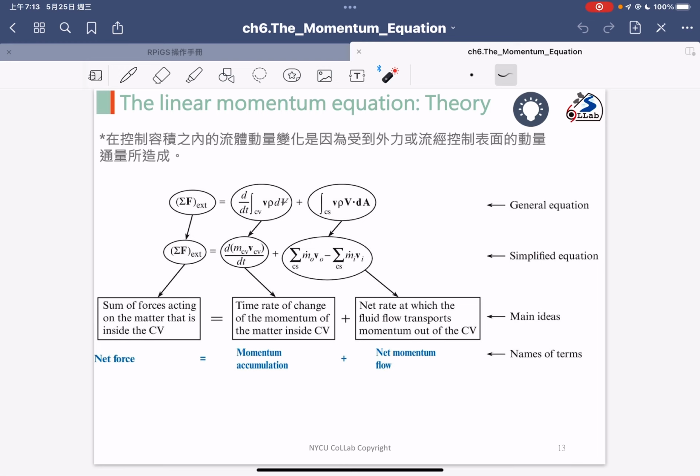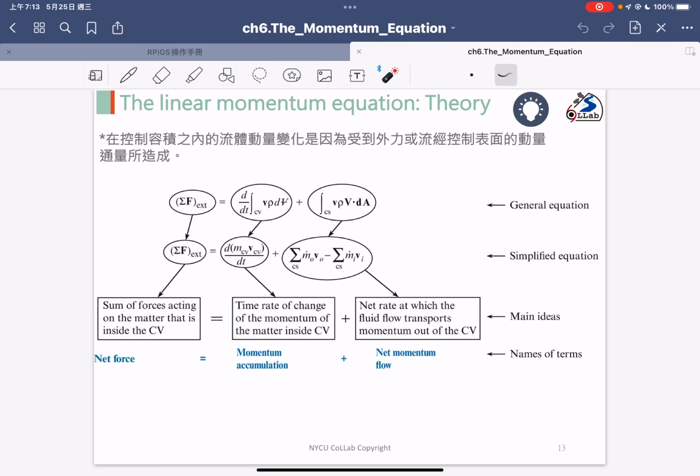And the second item we call the net momentum flow, which is the momentum change due to the outflow minus the momentum change due to the inflow. Both items are related to the control surface.